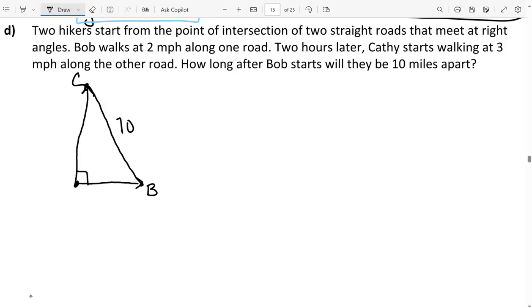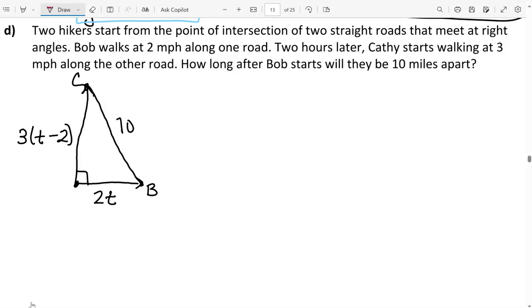And if Bob walks at 2 miles per hour along one road, then in t hours, he will have gone a distance of 2 times t miles, and Kathy left 2 hours later, so she will have gone a distance of 3 times t minus 2. She will have been hiking for less time.